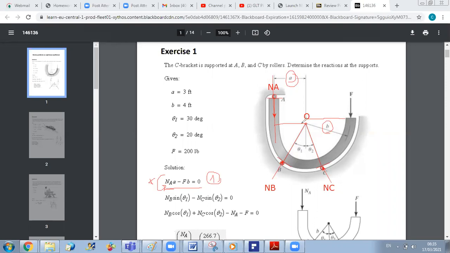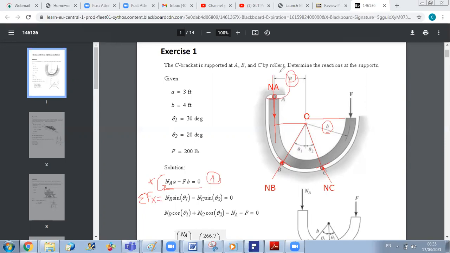Now, the second equation I can write is, since I have one relation, for the other two relations I can choose another point to do sum of moments about, okay? But here it's a little bit complex, so the easiest equations to use are sum of x and sum of y equal to 0. So if I apply now sum of x equal to 0, what are the forces having x component?